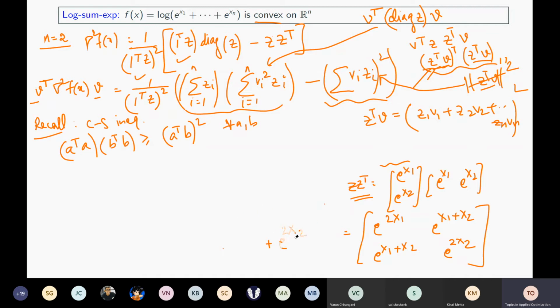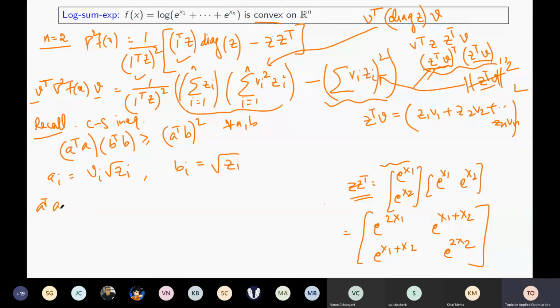Let us see that now. Let us take Ai to be, I propose, Vi times square root of Zi, and choose Bi to be square root of Zi. With this, what is A transpose A?